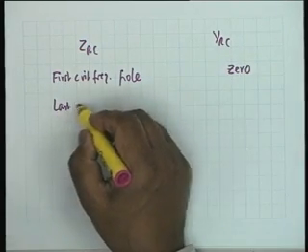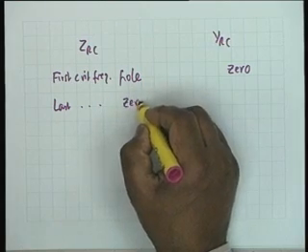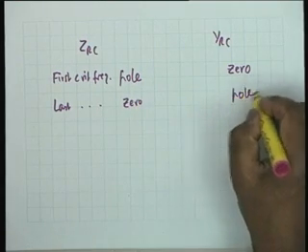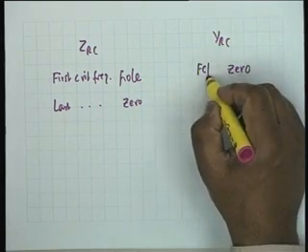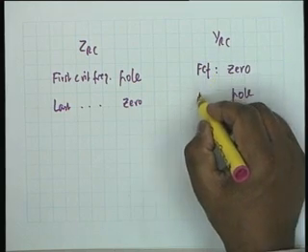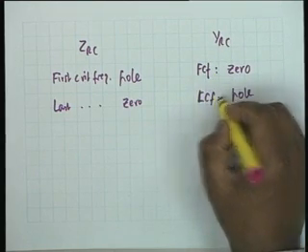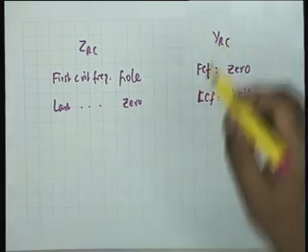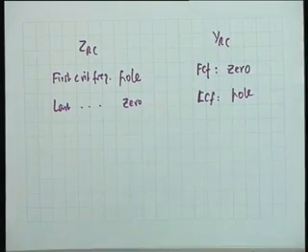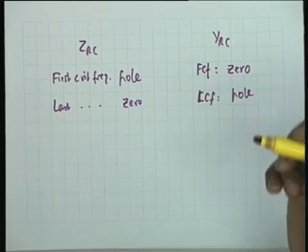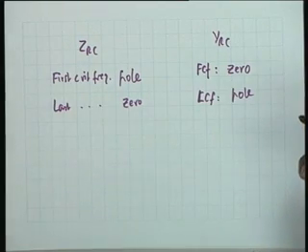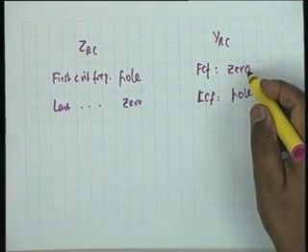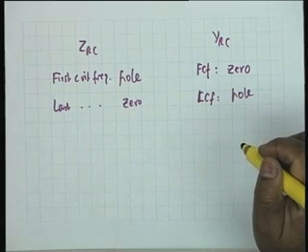Last critical frequency for ZRC must be a 0, and the last critical frequency for YRC must be a pole. All right. If you plot the sketches of ZRC and YRC versus sigma, it is very easy to show the first critical frequency must be a pole for ZRC and a 0 for YRC.